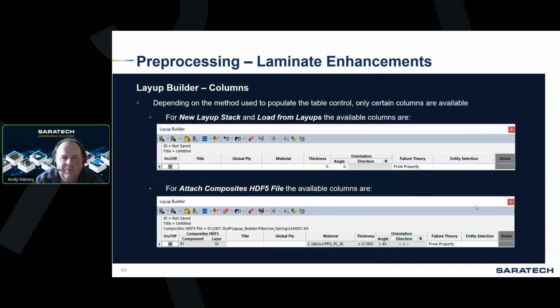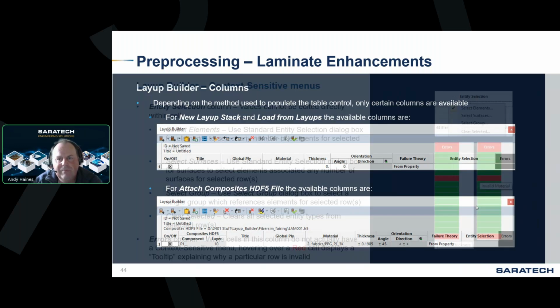Depending on whether you're doing a new layup stack or composite HDF5, you get different columns that show up. And when you're using something like the global plies, there's a way to automatically make a bunch of global plies for you, so you don't have to assign each one manually.